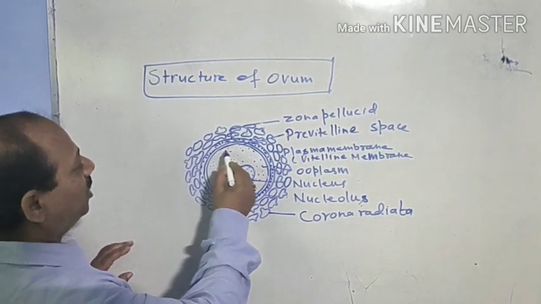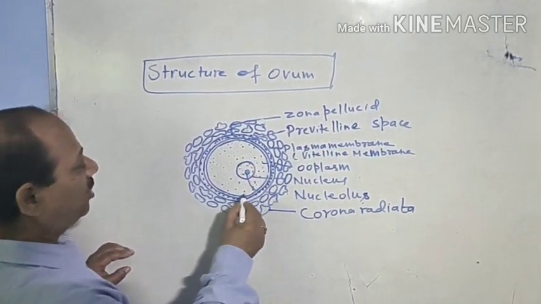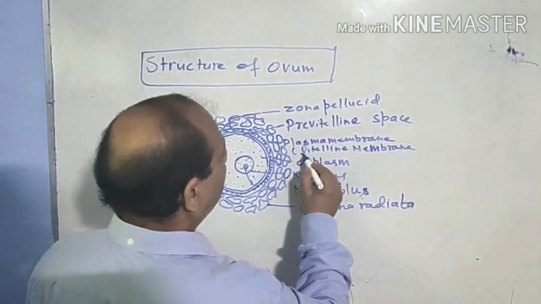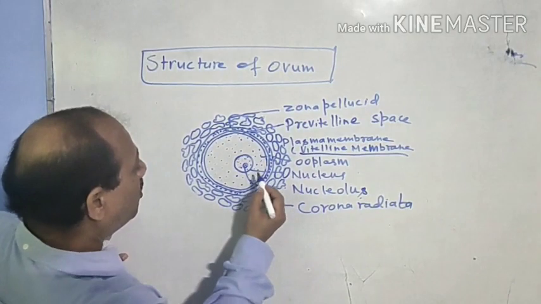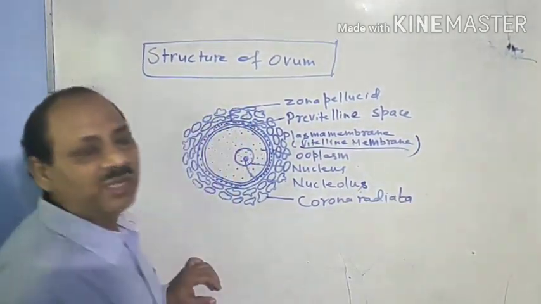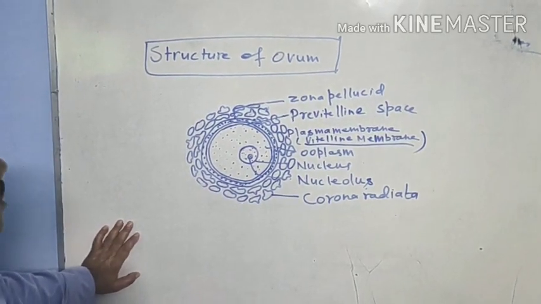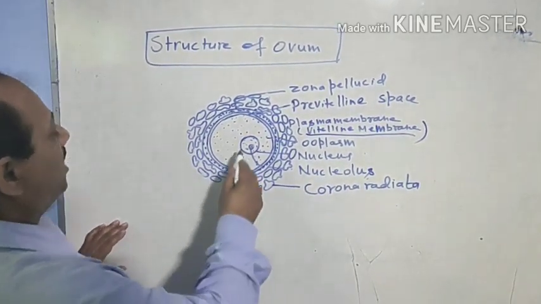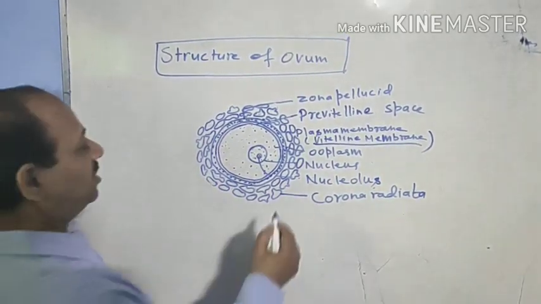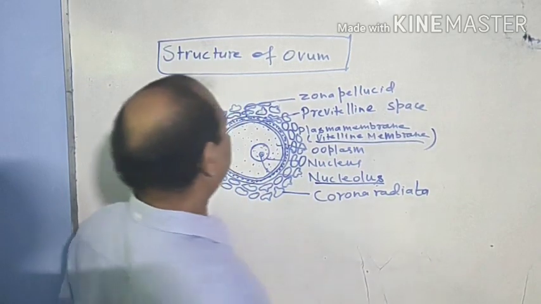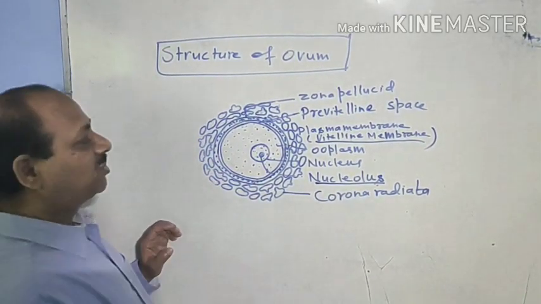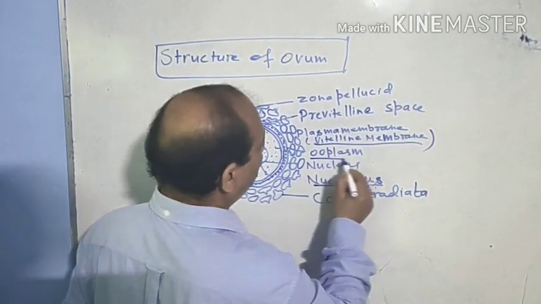It is surrounded by a thin membrane known as plasma membrane, and its surrounding surface is known as vitelline membrane. It contains a large nucleus, and the nucleus contains a nucleolus. It contains a cytoplasm. Its cytoplasm is known as ooplasm.